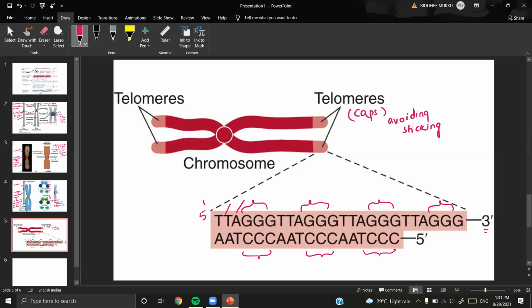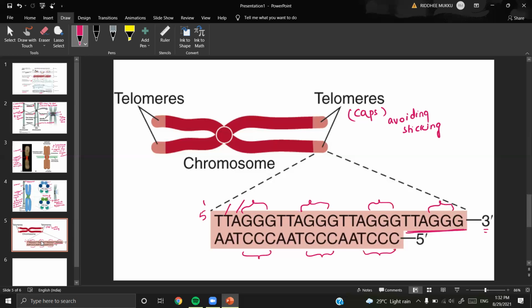This you can see even in humans and the eukaryotes, in the plants, in the protozoans. And remember that this particular end is overhanging, or extending, right? This extended end of the guanines is going to be called an overhang of the G end.